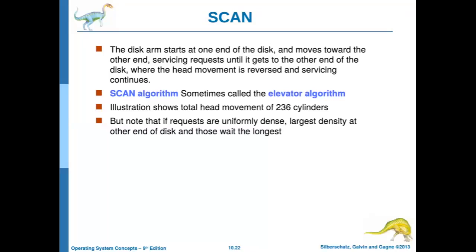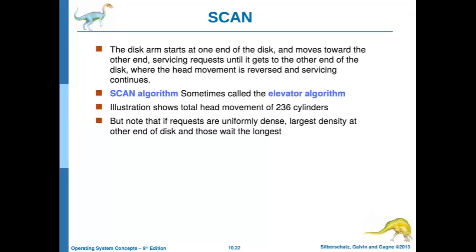So for example, maybe it is in between somewhere, and from that it will try to move either of them, maybe towards the beginning or maybe towards the end. Okay, so that is how this SCAN algorithm works.